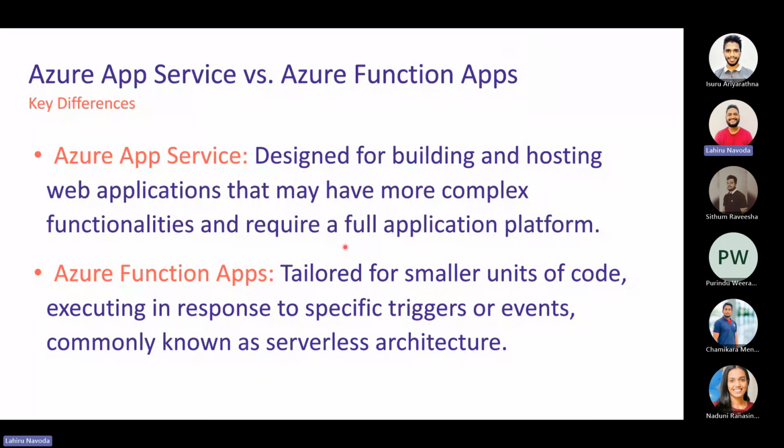Azure App Services is mainly designed for building and hosting web applications that may have more complex functionality and require a full application platform. On the other hand, Azure Function Apps are tailored for smaller units of code, like functions executing in response to a specific trigger or event, commonly known as serverless architecture.